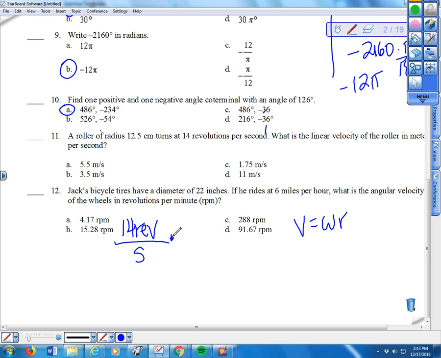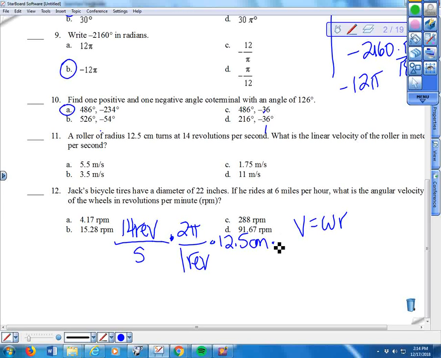Every revolution is 2 pi, sorry, 2 pi per 1 revolution. Then I multiply that times 12.5 centimeters. But all my answers are in meters.